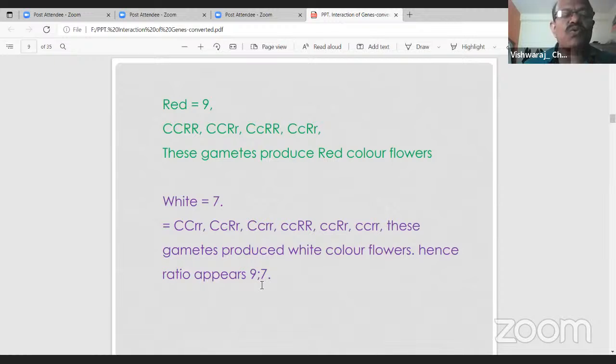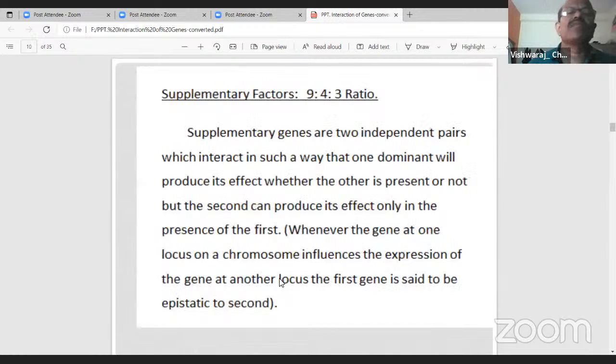Hence the ratio appears as 9 to 7. Then for other ratios or other interactions, other factors: supplementary factors give a 9 to 4 to 3 ratio, and complementary factors give a 9 to 7 ratio.